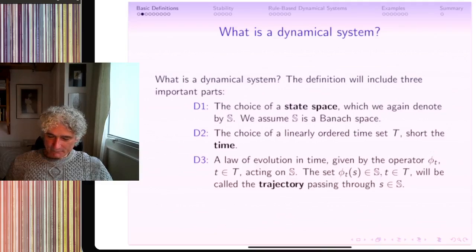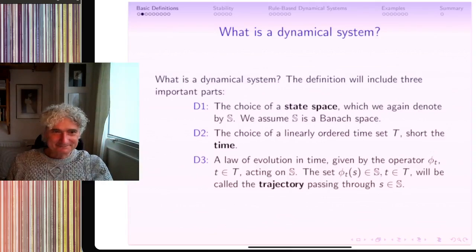And if we go now through different times, we will create a so-called trajectory, which has, for example, as an initial condition, some element S in S. So these three things here you need to define properly, and this we will do in a definition very soon. You need these three things in order to define a dynamical system.